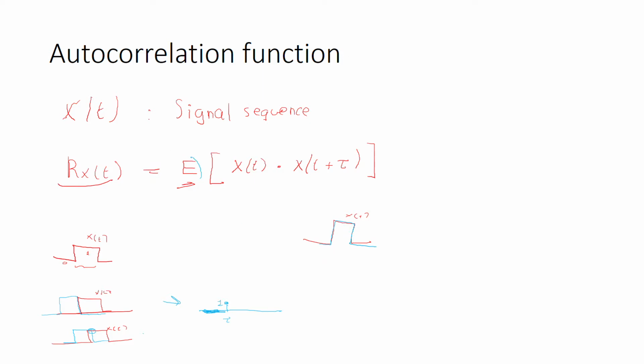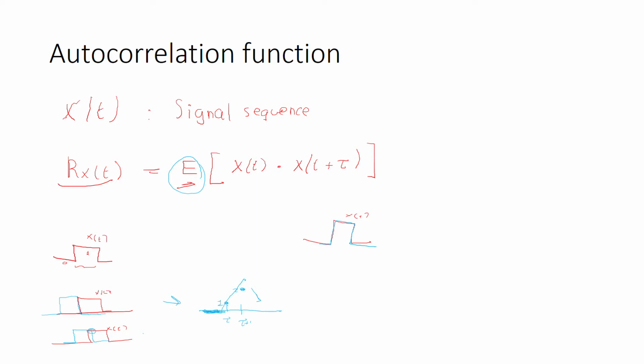But remember that you need to sum all the points and then average them. So at the end, you will have the previous point equal to 1 times this other one, tau plus 1, which is number 2, and so on. Once the function keeps moving forward, the result will decrease again.